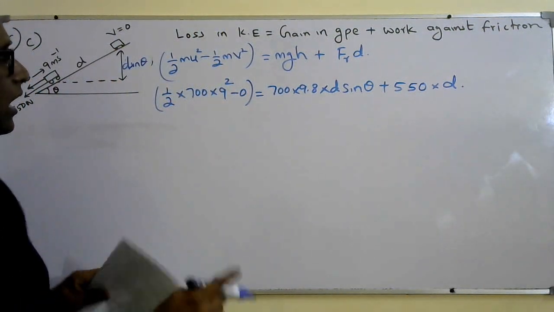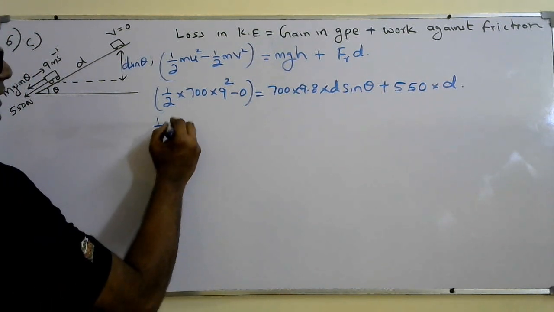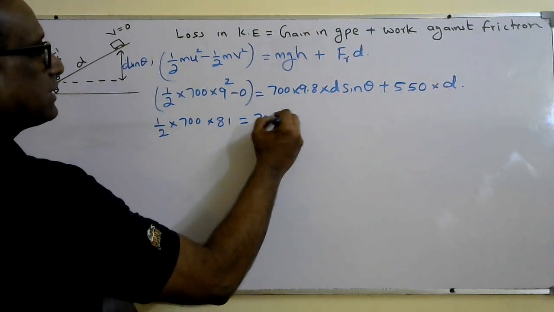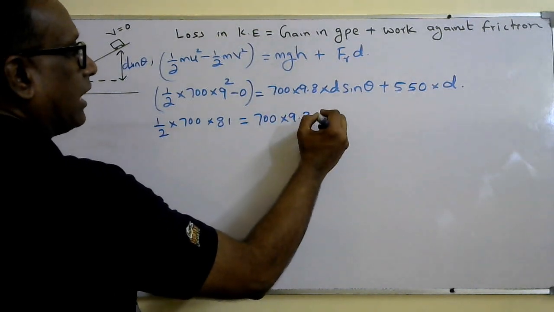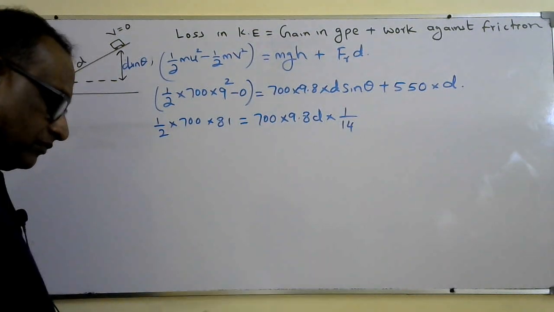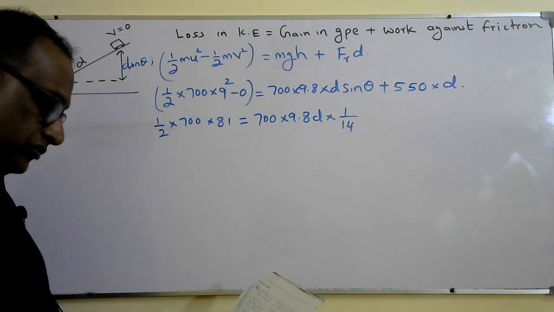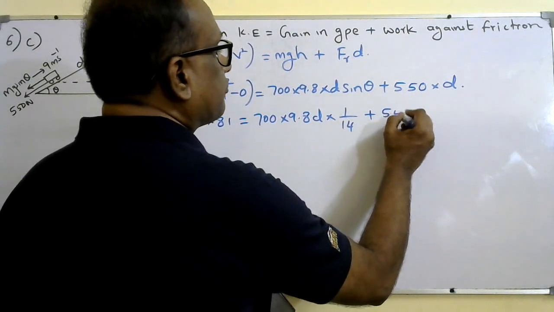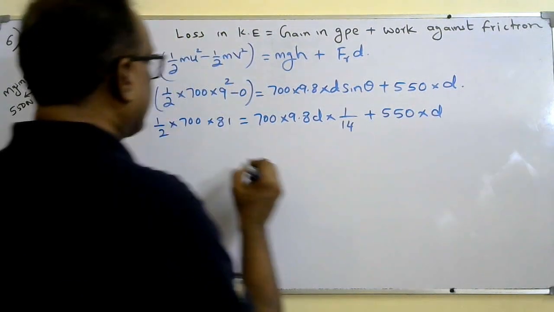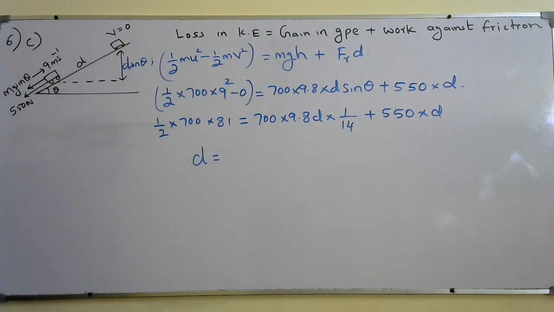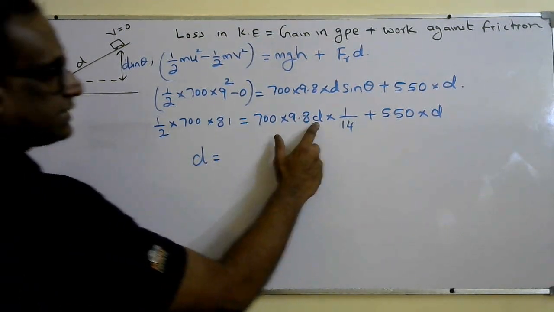So again, half into 700 into 81 equals 700 into 9.8 d into 1/14, yes, 1/14, plus 550 into d. We need to find the d here. Solve it carefully. There is d here and d here.